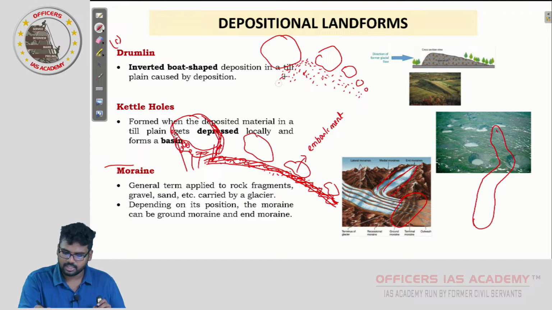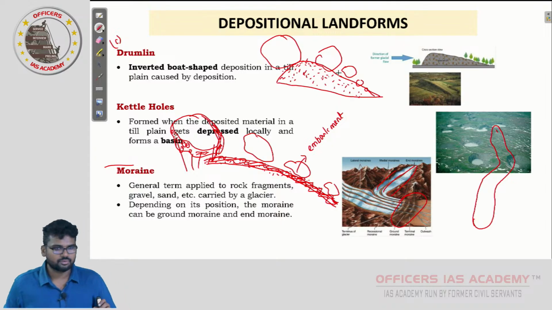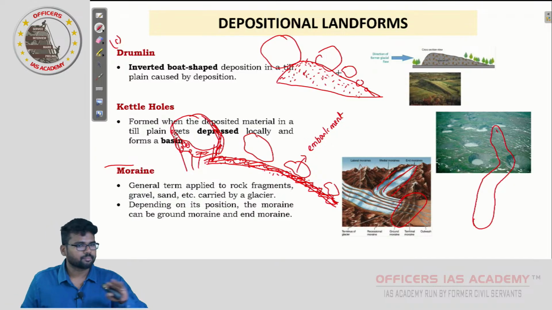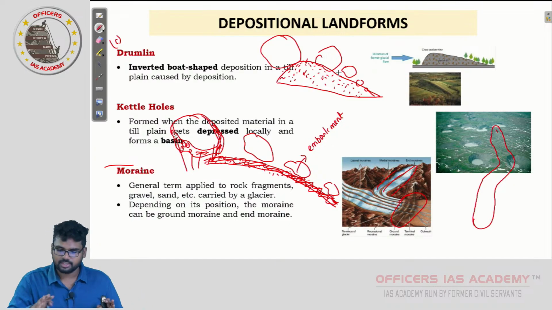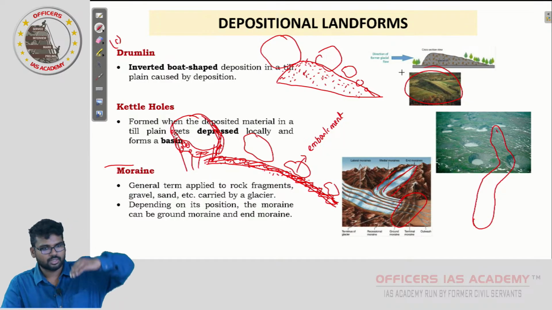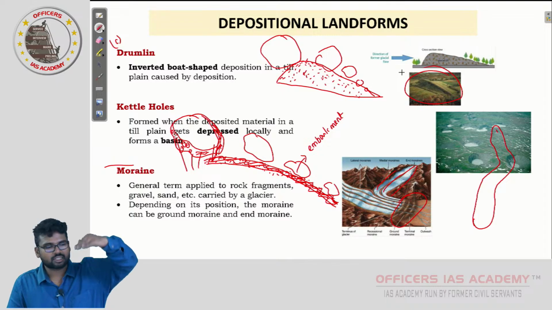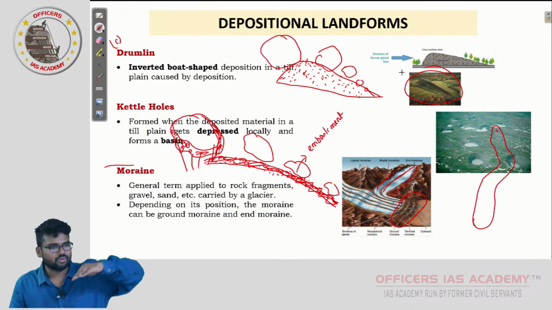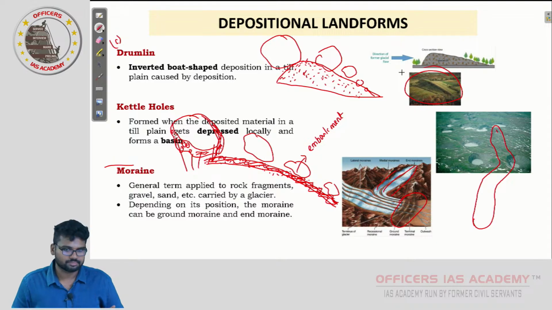So as a result, the depositional features give a relief which is a kind of inverted boat. So this is the side view we are looking at. If you look at the top view, this is how it looks, this kind of feature. Such depositional features are what we call drumlins.